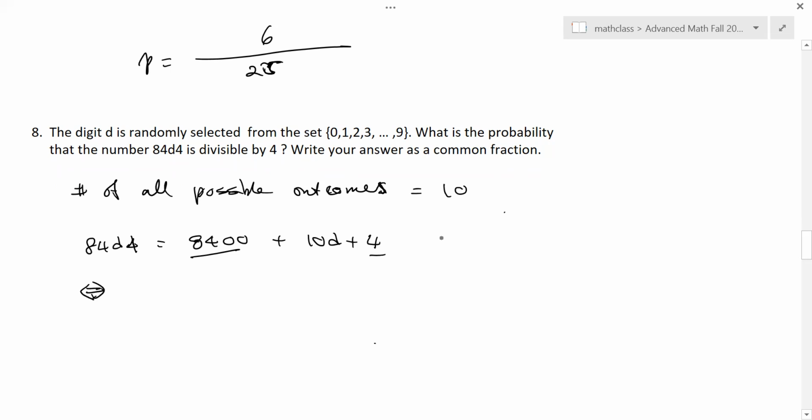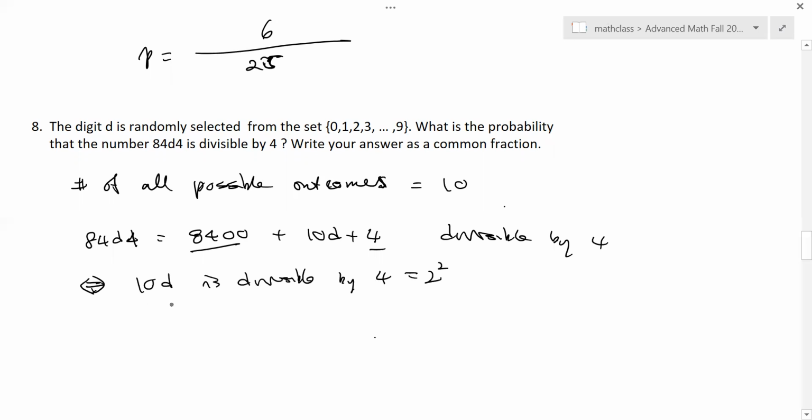So this is divisible by 4, 8,400 divided by 4, 4 divided by 4, right? So it's divisible by 4 if 10 times D is divisible by 4. And 4 is 2 squared, and 10 is a multiple of 2.